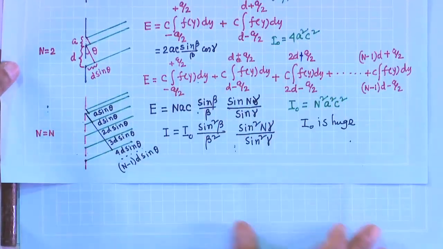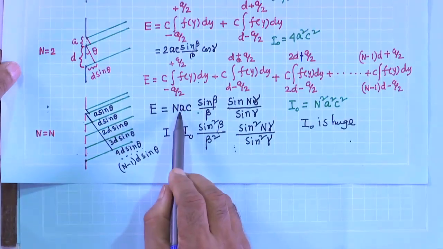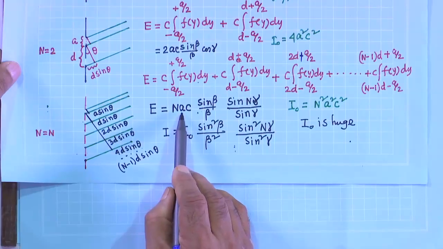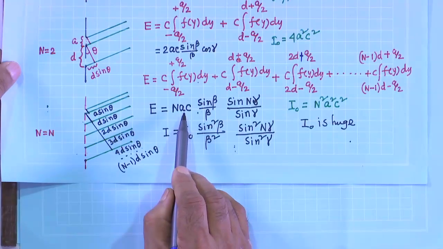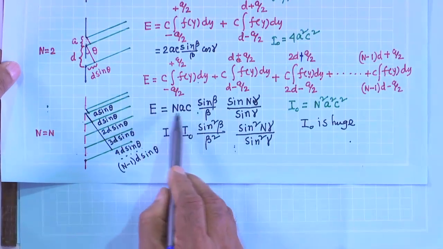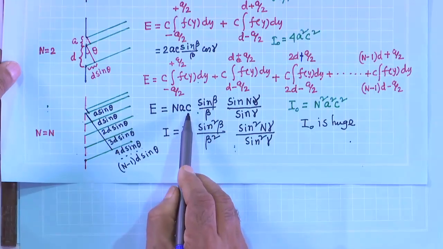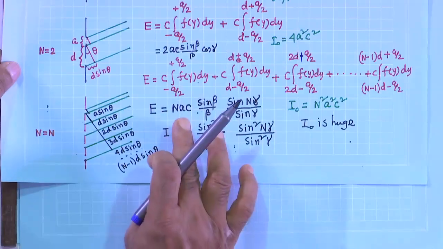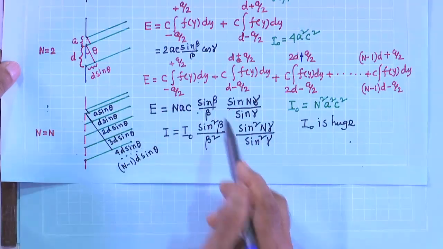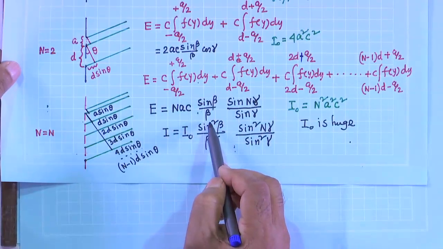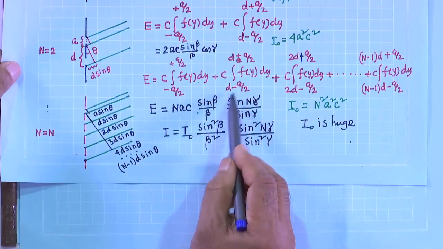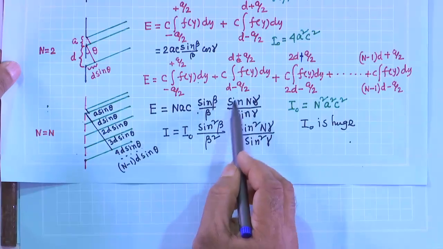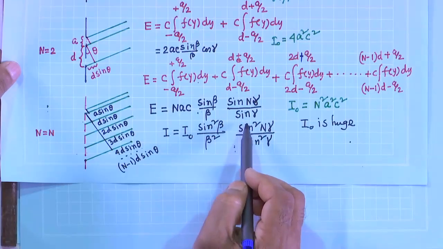If you proceed, you will get here NAC. For a double slit you got 2A, so now for n slits it is NA, and instead of E0 I have taken this C. This is basically the amplitude you will get, modulated with sin beta by beta, and another term has come, instead of cos gamma, here sin n gamma by sin gamma.